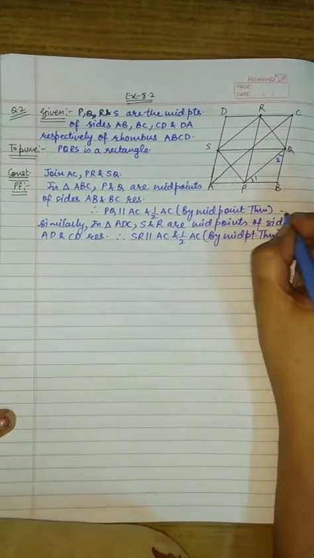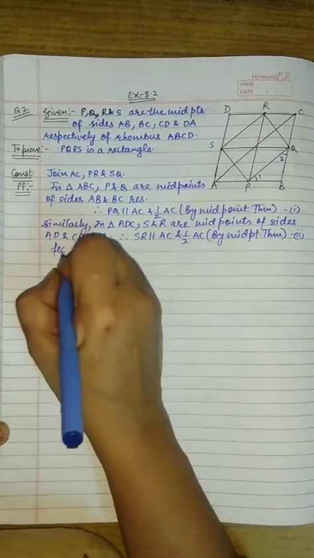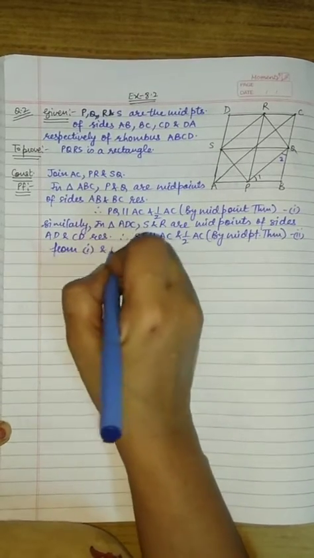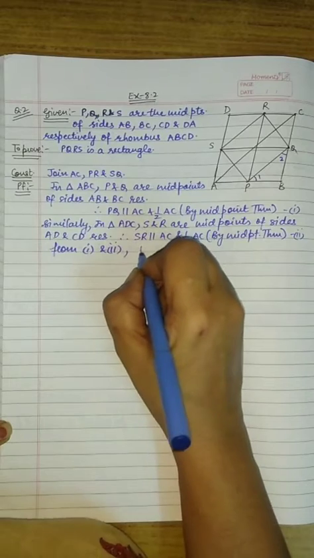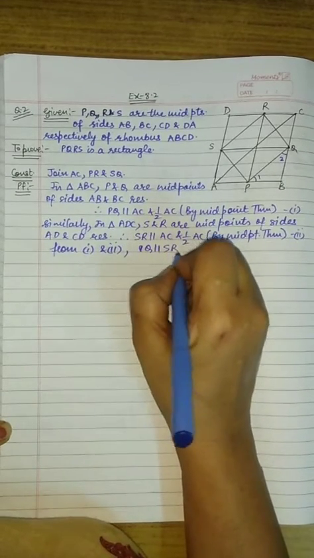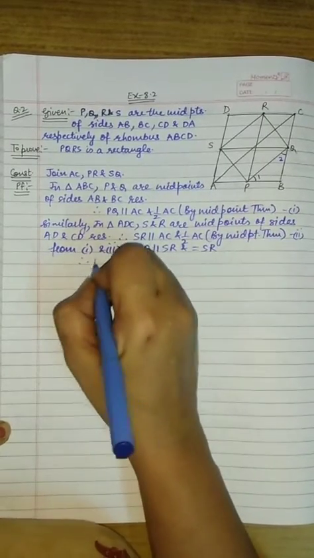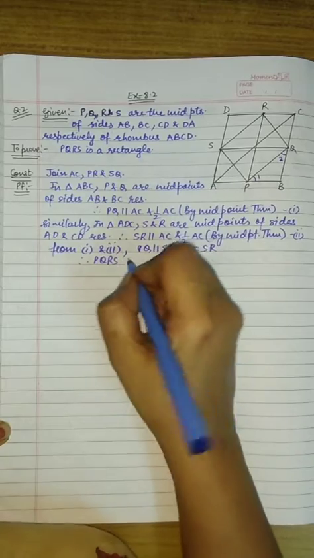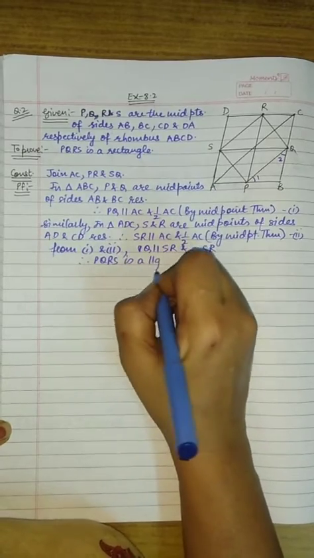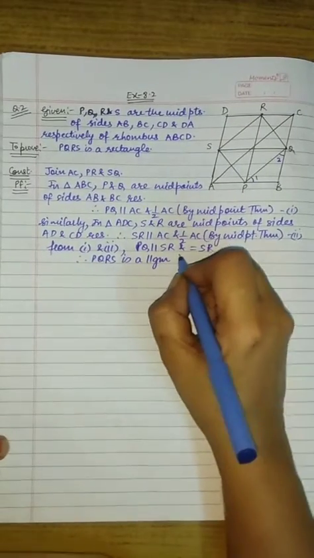Let these equations be equation 1 and equation 2. So from 1 and 2 we get PQ is parallel to SR and equal to SR. Therefore, PQRS is a parallelogram. Why is it a parallelogram?